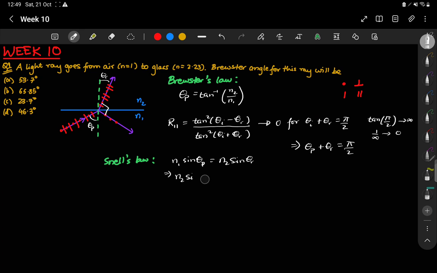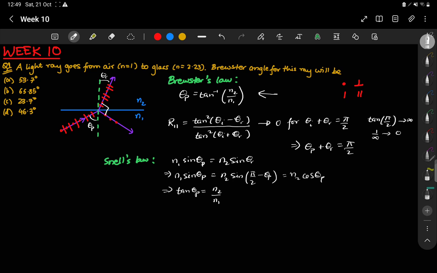Okay, so let me first write the left hand side. Now sine of pi by 2 minus theta is cos theta. So this gives me tan theta p equals n2 over n1, from which we get Brewster's law that theta p is tan inverse n2 over n1.